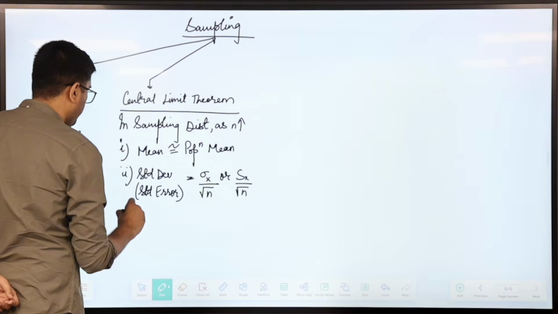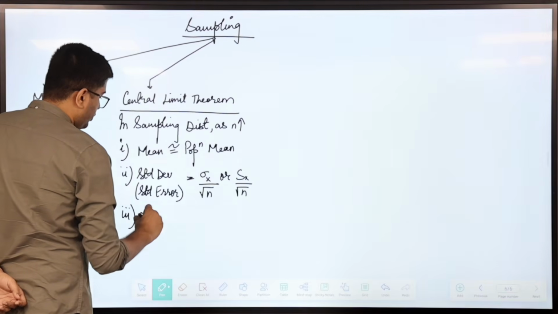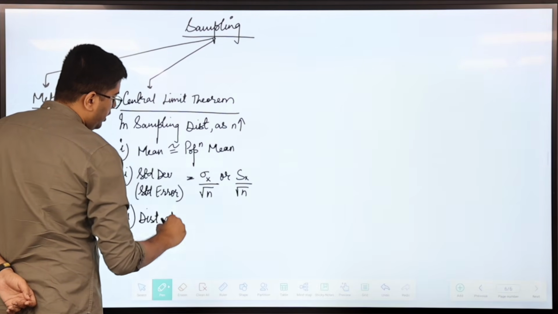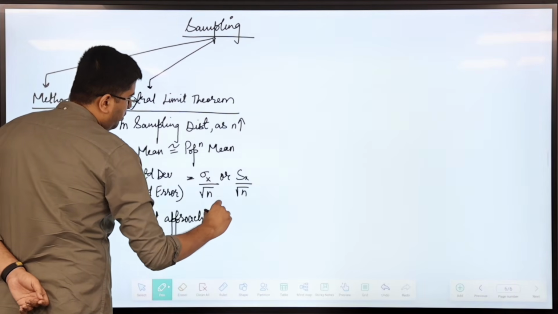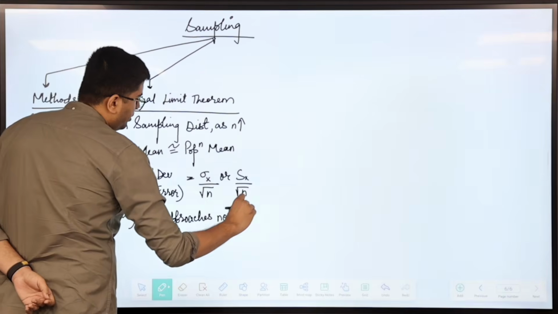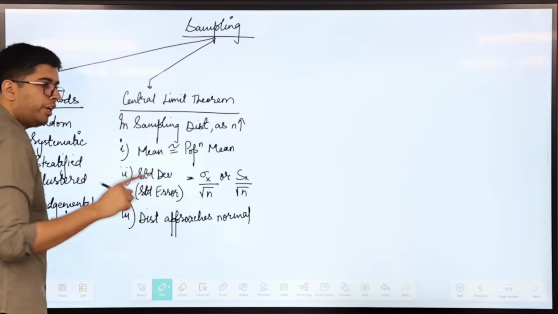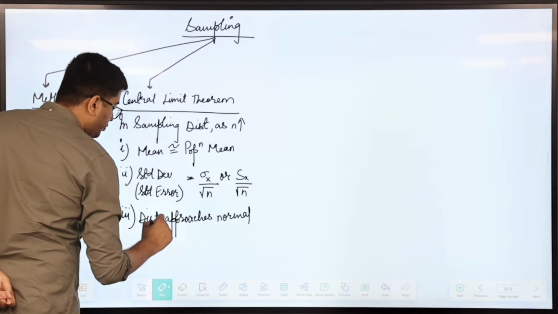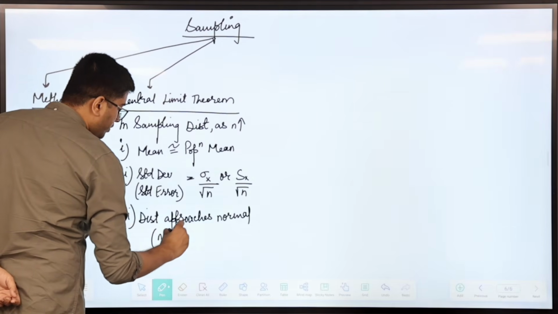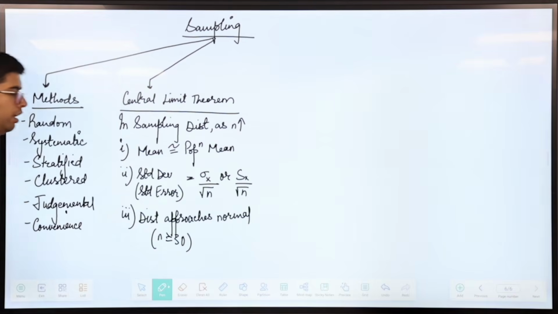And lastly, distribution approaches normal. So the shape of distribution starts to appear similar to a normal distribution. This means you can use Z table or T table to actually study this data set. This will happen when your sample size is starting to get large enough, 30 or more.